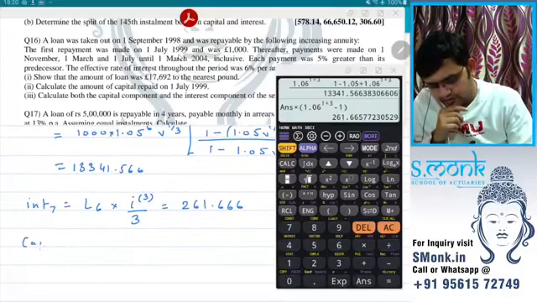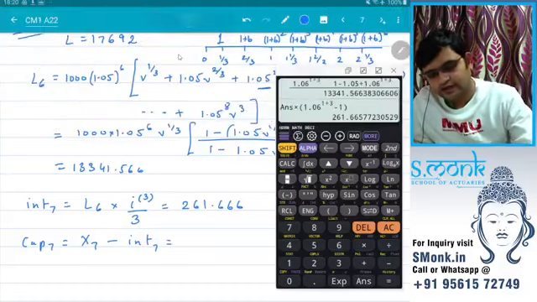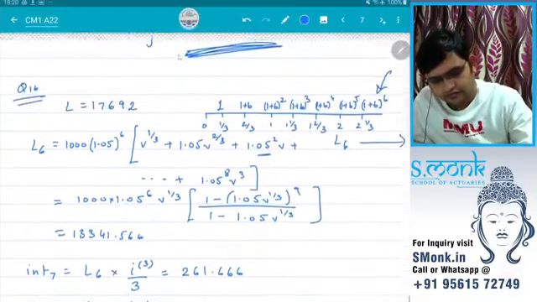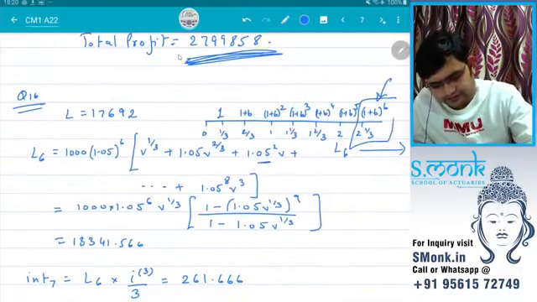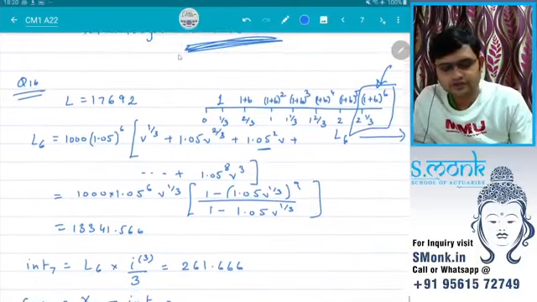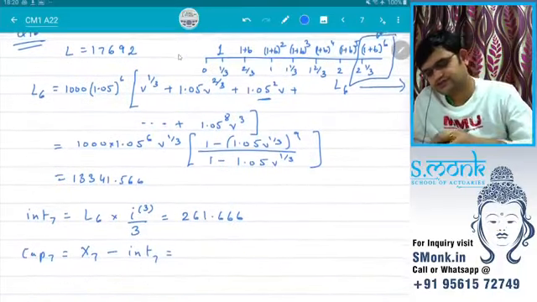And capital component would be 7th repayment minus the interest component. 7th repayment we knew was 1000 into 1.05 raised to 6.